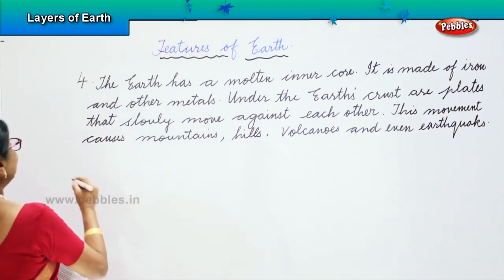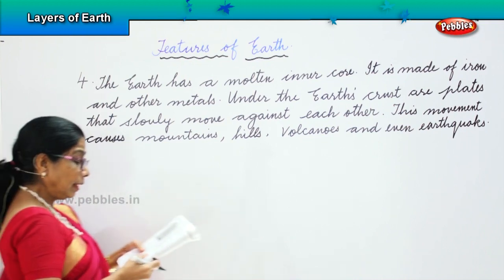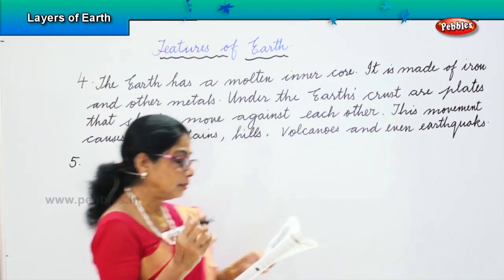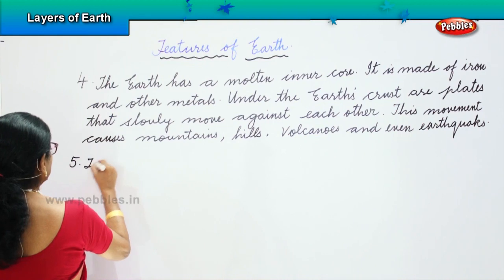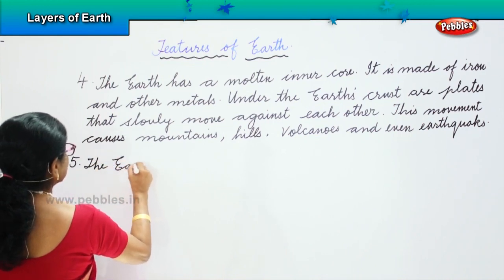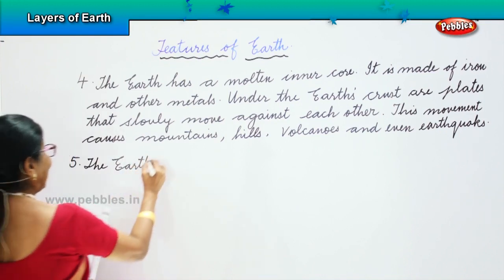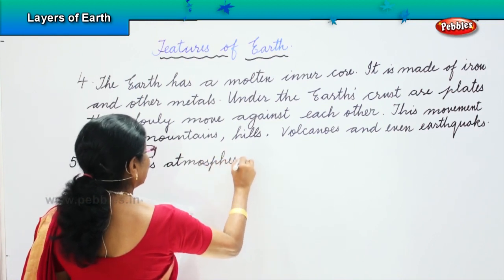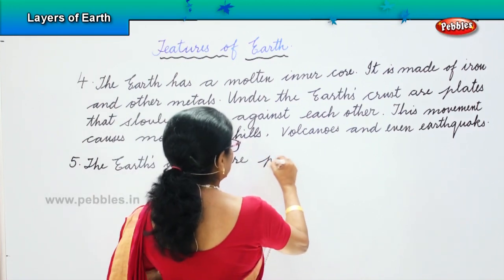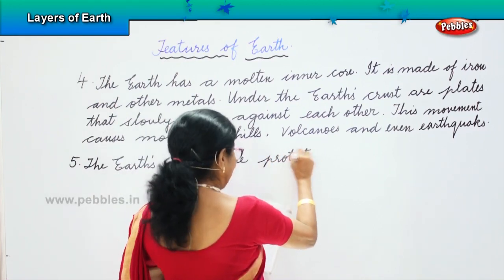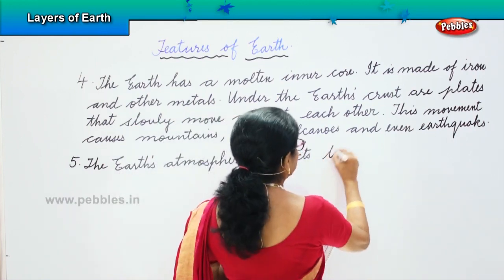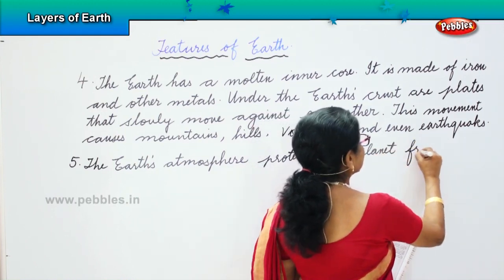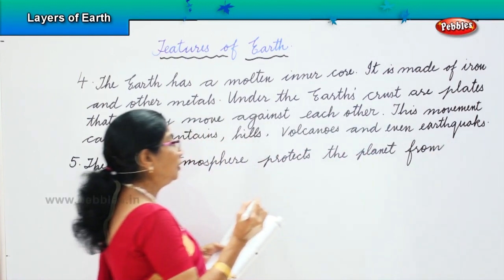And the fifth and the last feature of the earth: the earth's atmosphere protects the planet from meteors.